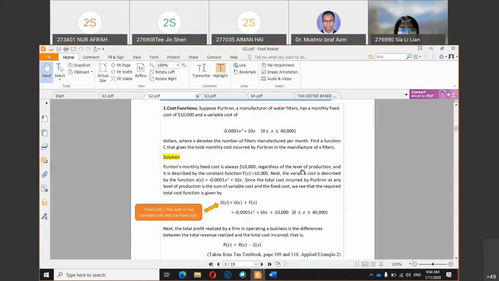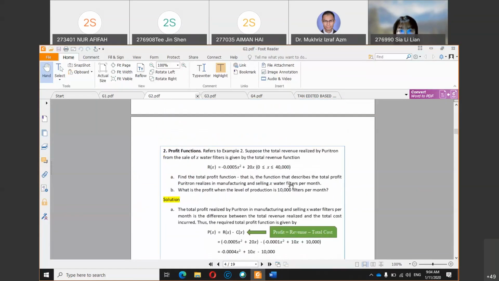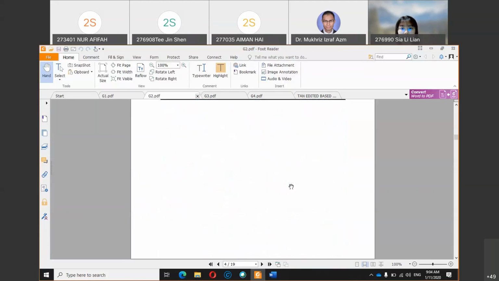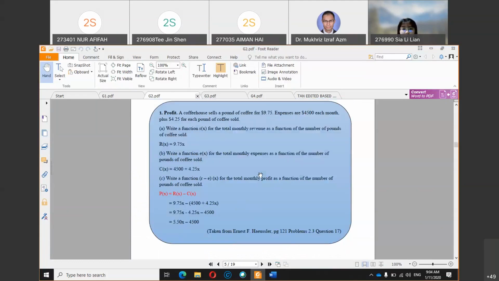This is from Tan, right? Let me take from a different book, because Tan is our main textbook, so I prefer to use it. Okay, let's do this one. Yes, this one is the profit function.